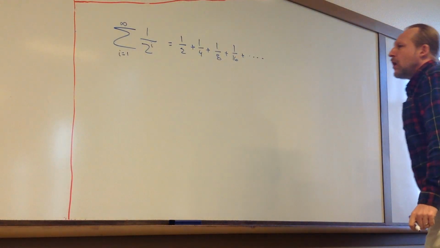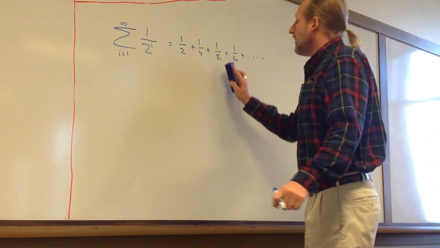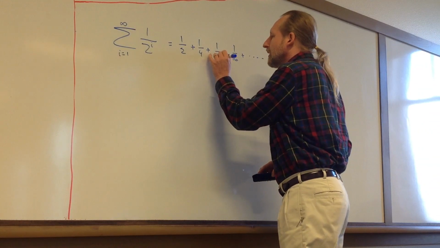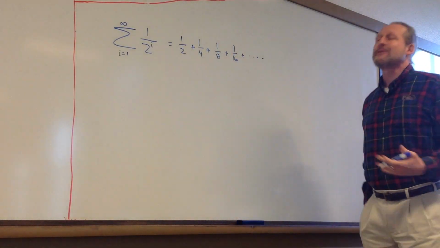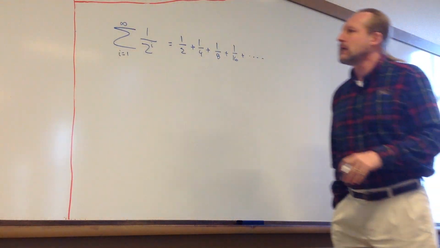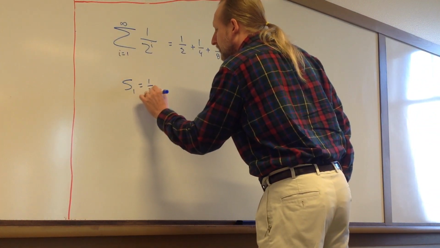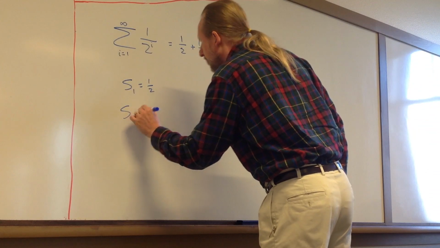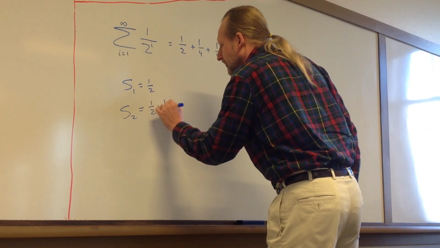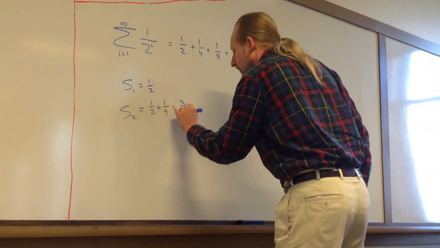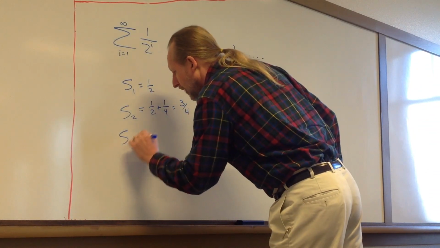Okay? So often what people do to find the sum of a series is that they look at what's called the sequence of partial sums. So the first partial sum is just the first term. The second partial sum is the sum of the first two terms, and so on.